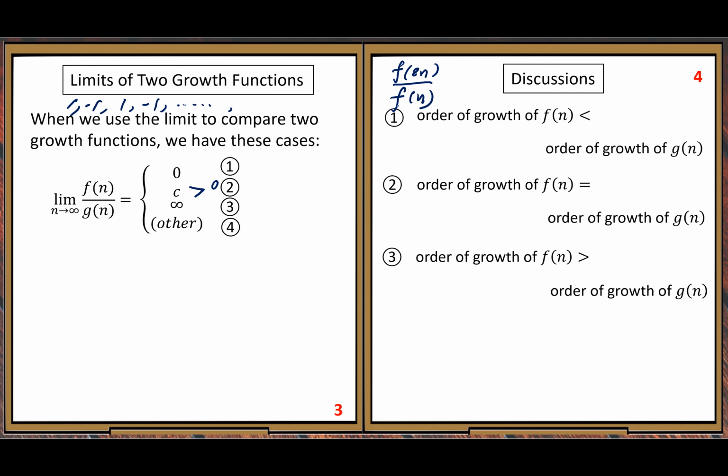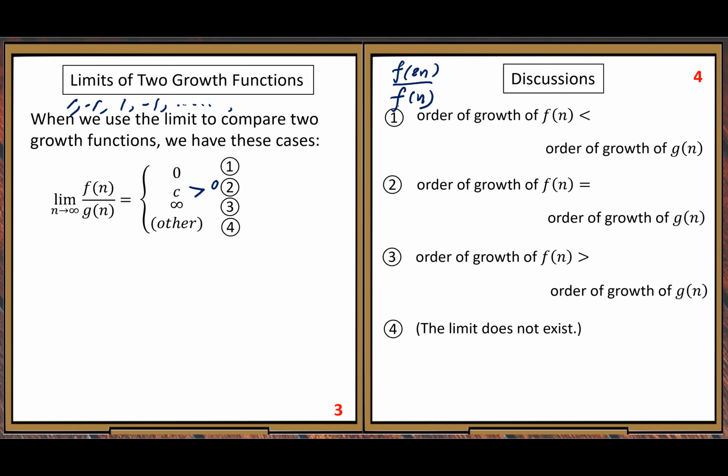How about case number 4, other? The limit does not exist. If we do the limit calculation, we have to stop somewhere after we detect something wrong.